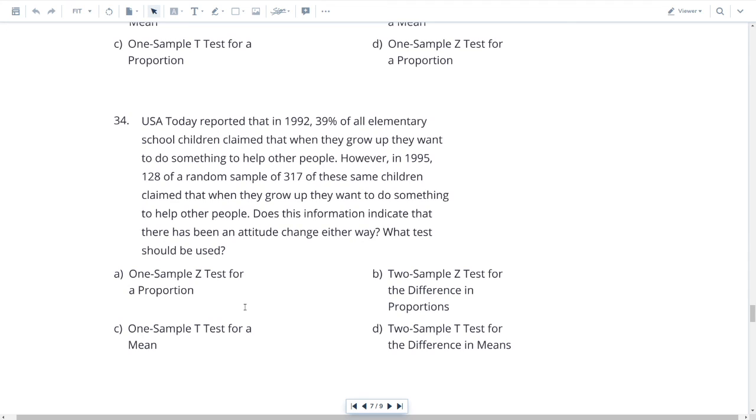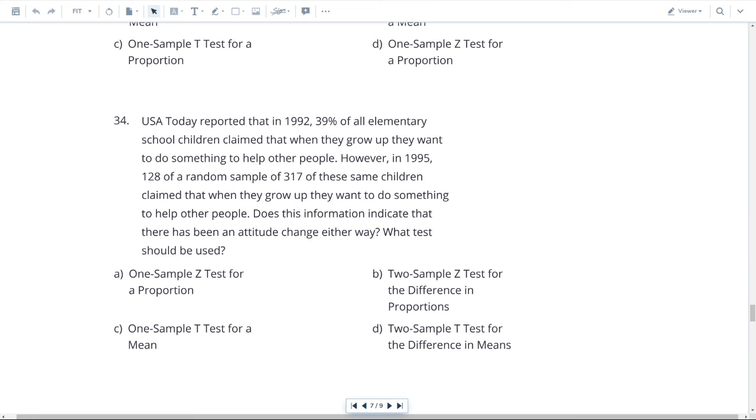Scroll that down. USA Today reported that in 1992, 39% of all elementary school students claimed that when they grow up they want to do something to help other people. Good for them. However, in 1995, 128 of a random sample of 317 of these same children showed that when they grow up they want to do something to help other people. Does this information indicate that there's been an attitude change either way?